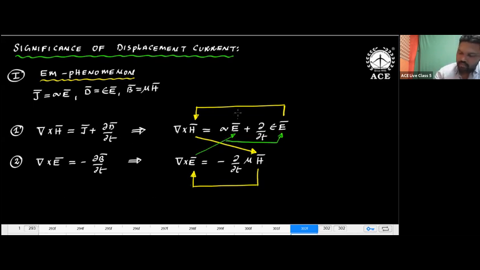Again, the magnetic field will give an electric field. This is what the EM phenomena is. Especially this one was a major contribution of Maxwell. This is what we have been calling the EM phenomena.